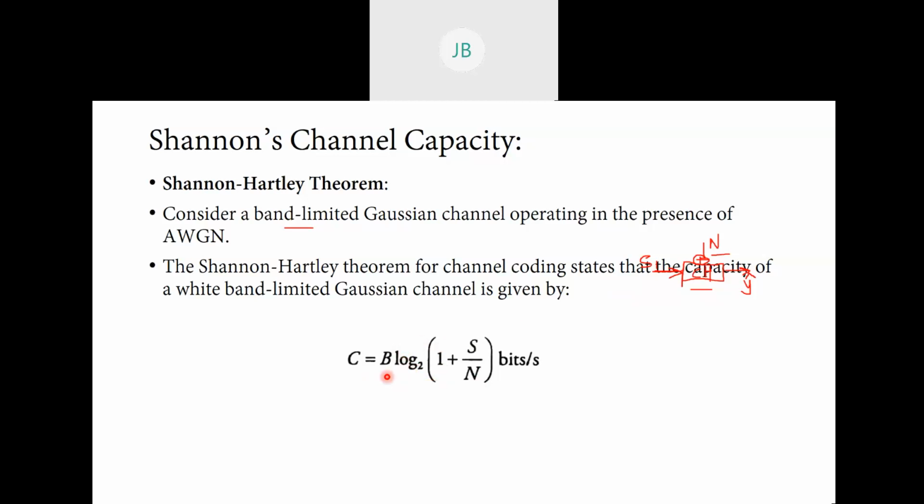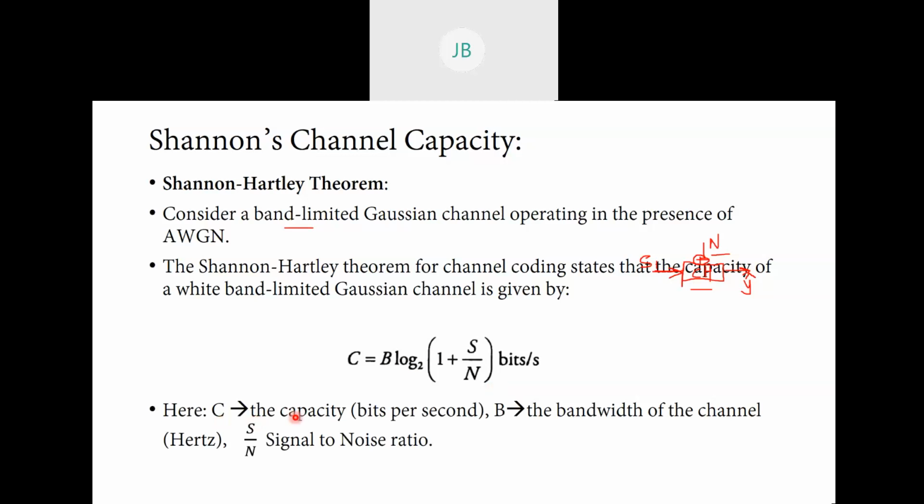C is equal to B log of 1 plus signal to noise ratio. So C is the channel capacity that is computed in bits per second, maybe 1 kbps. We say a telephone line has a capacity, or when we transmit over a wireless channel, we say it has a 1 Mbps data rate. That is the capacity of a channel. Since we know the bandwidth of the channel, we can find the channel capacity.